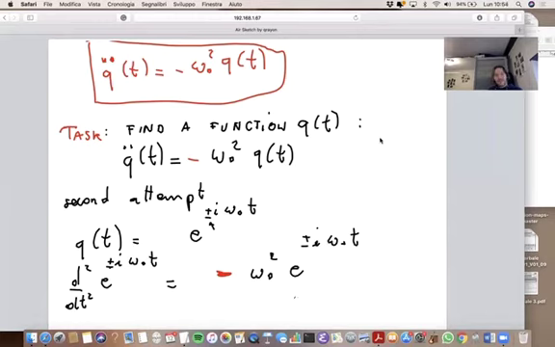Okay, very good. Are we done? Yes, from the mathematical point of view. No, from the physical point of view, because this function is not real valued, it is actually complex valued.